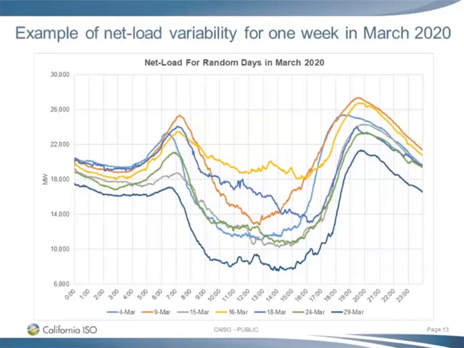The point I wanted to draw here is how difficult and challenging it is for forecasting folks to forecast where you're going to be at any hour. And as an operator, what we need to do is all those wiggles that you see, we need to make sure we have flexibility to flatten those out, to meet those variability.